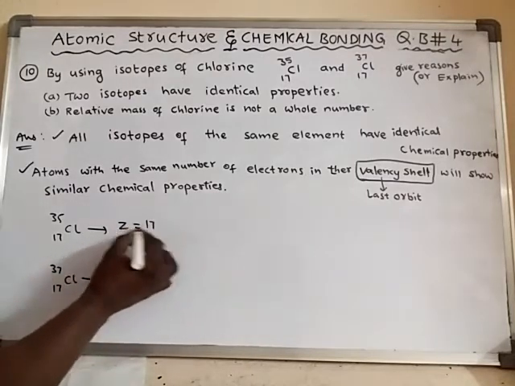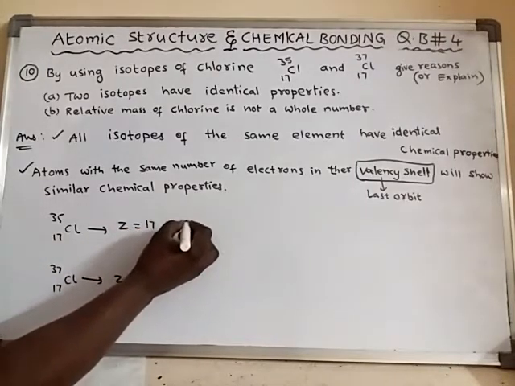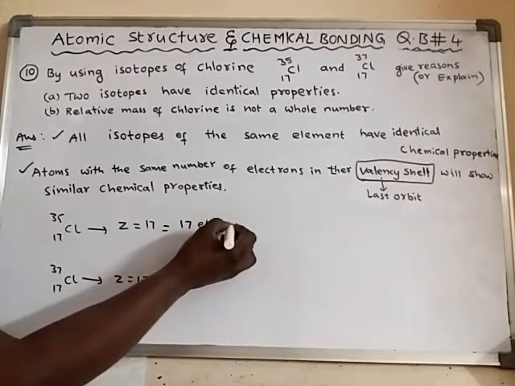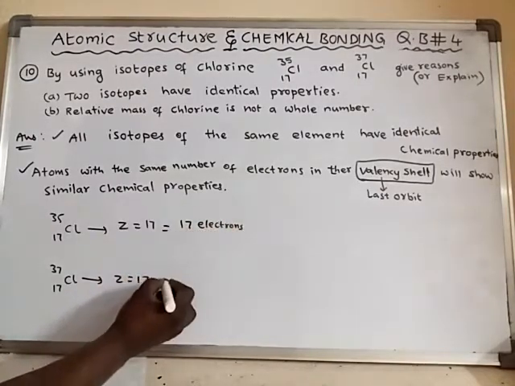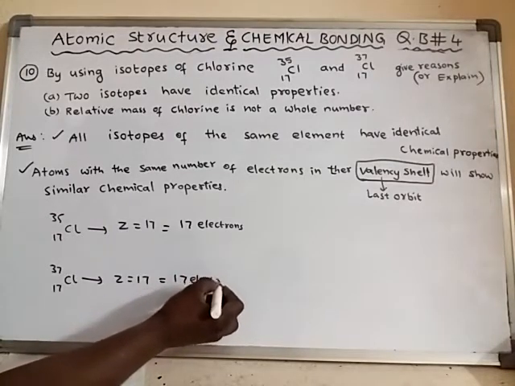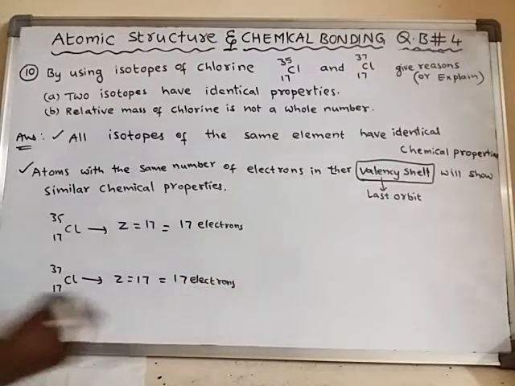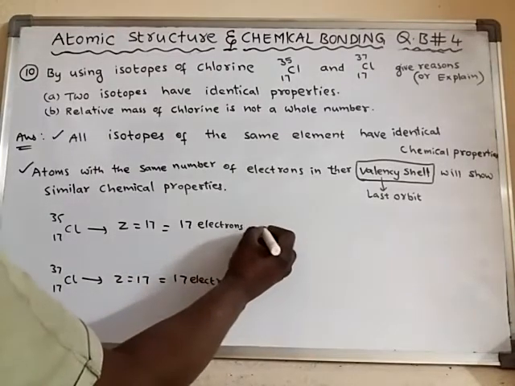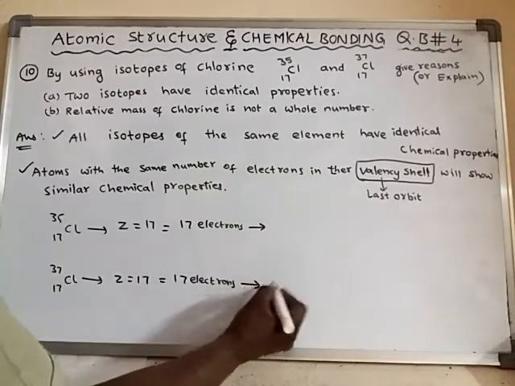Hence, as the atomic number is 17, it contains 17 electrons, and this one also has 17 electrons. Now, how are these 17 electrons arranged?